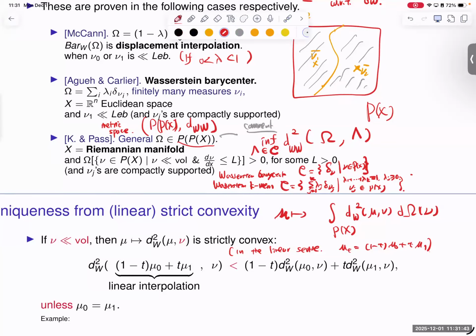The reason is here. What is the Wasserstein distance square in the first place?